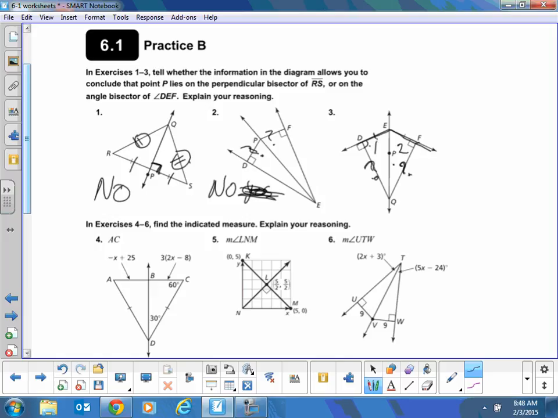Other than that, I can't find two angles or three sides, or a side, angle, side. So I'm going to say no on that one. Yeah, that's what I was thinking. We were all thinking the same. All right.